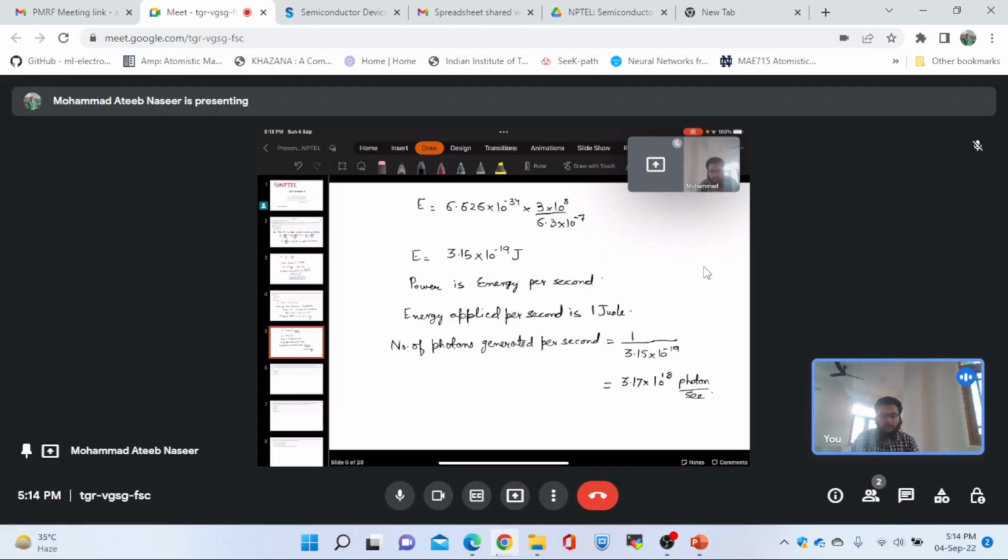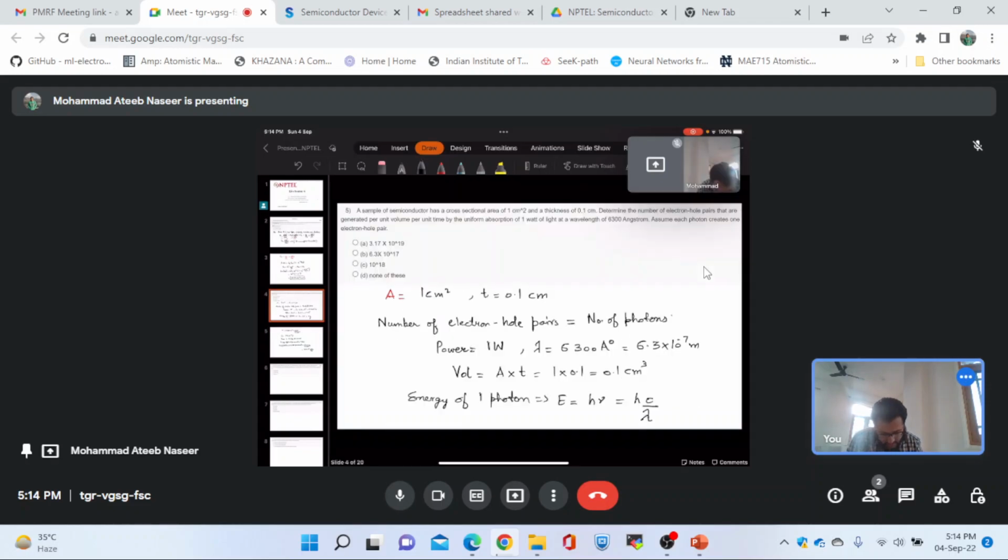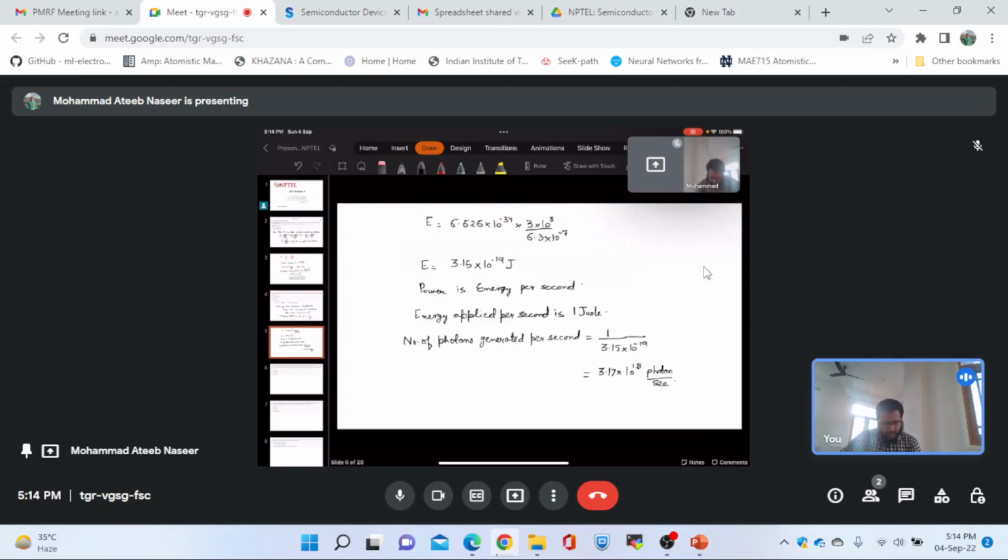But we have been told to find the number of electron hole pairs that are generated per unit volume per second. So we need to divide it by the volume, and also we know the number of photons generated will be equal to the number of electron hole pairs. So I will simply divide it by the volume.